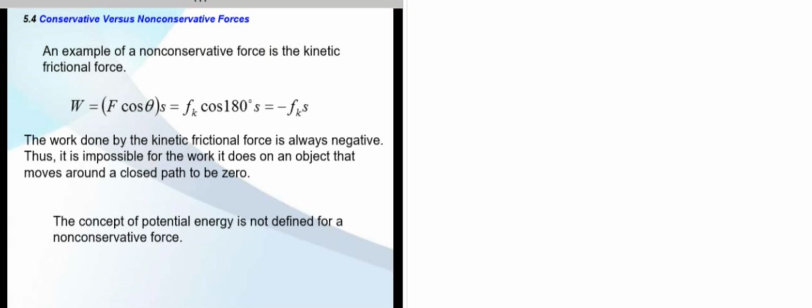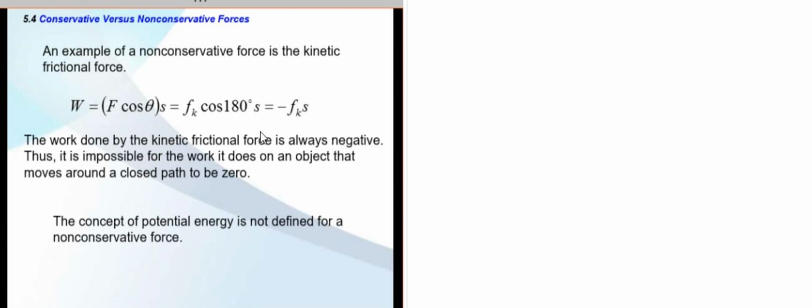Now work is F cosine theta times the displacement S. Now if we consider the kinetic frictional force, Fk times cosine 180 degrees times the displacement. Why 180 degrees? Because friction always opposes the motion of the object. Like for example, if the object is going to the right, then friction is going to the left.